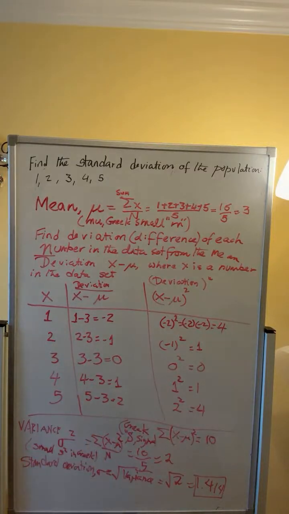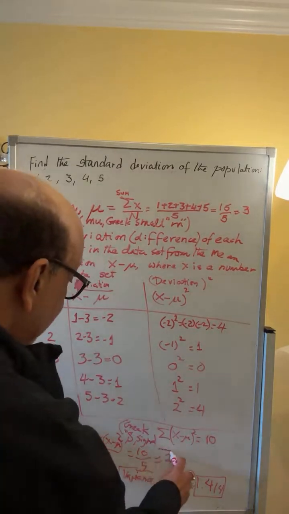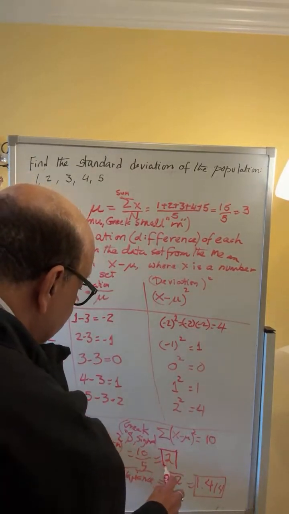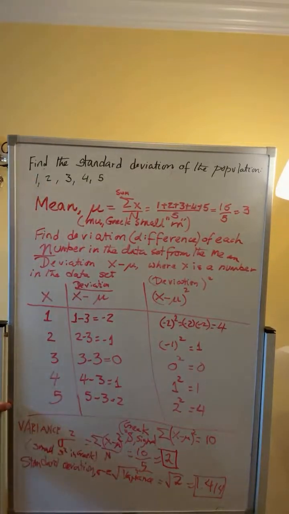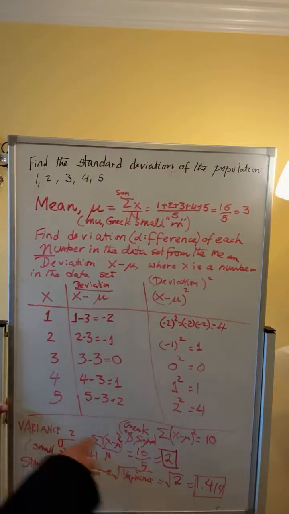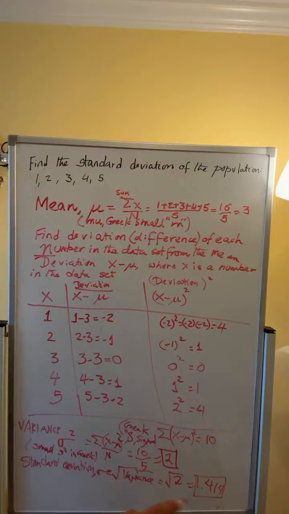So it's the square root of 2, it's 1.414. So there is a distinction between variance and standard deviation. Variance is the average of the squares of the deviations, whereas standard deviation is the square root of that, a measure of the deviations from the mean. So first we find the variance, and from there we find the standard deviation.